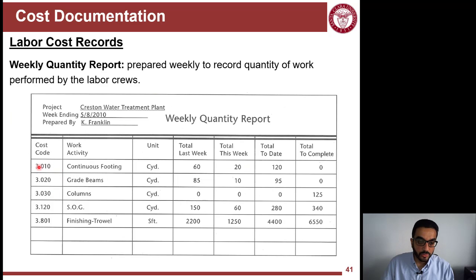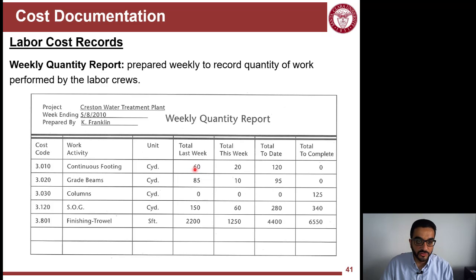So now for every cost code here, see 3010, it's a continuous footing. All of the 3000s is the concrete division. So all of these are concrete work, with their units, and then I can accumulate all the time cards related to this specific cost code. This can be Ramsey and Jen together that resulted in this number of hours.